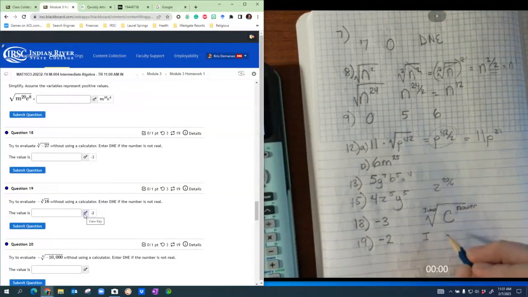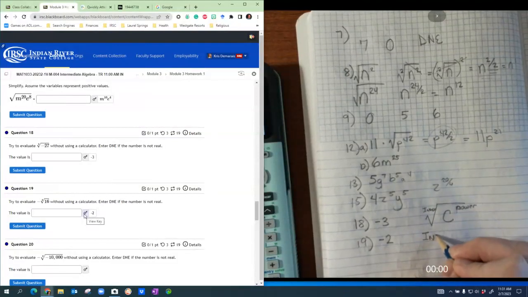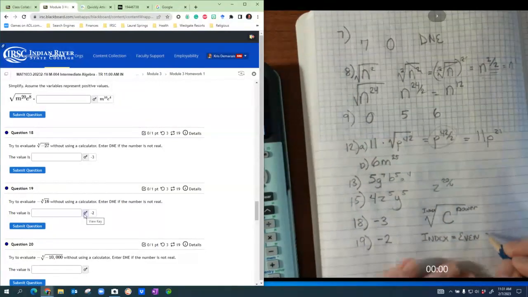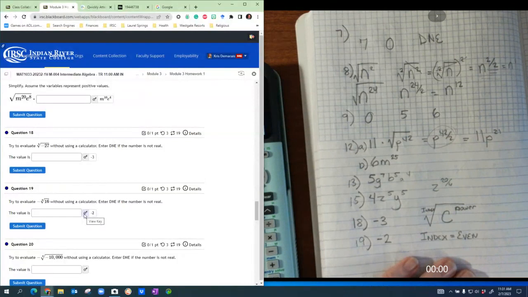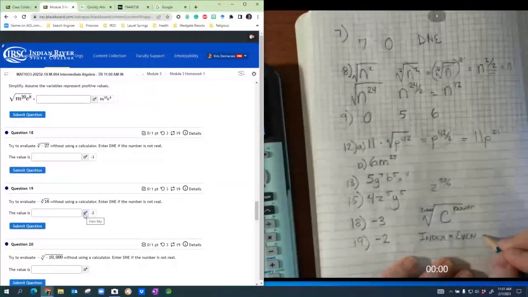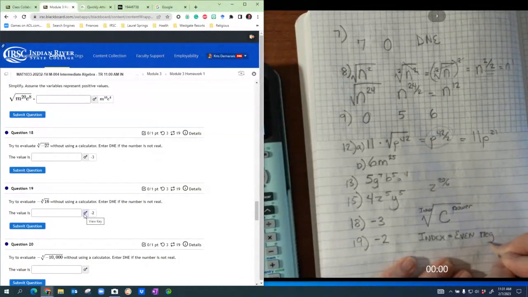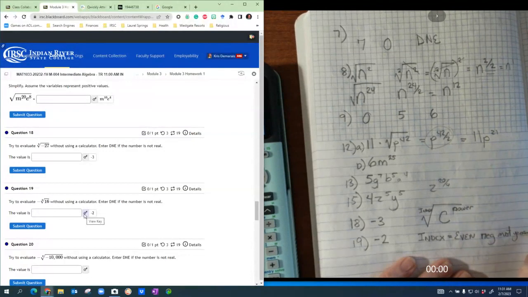All right? When we're dealing with an index that's even, then you cannot take the negative value. Negative, not possible. All right? Not possible.